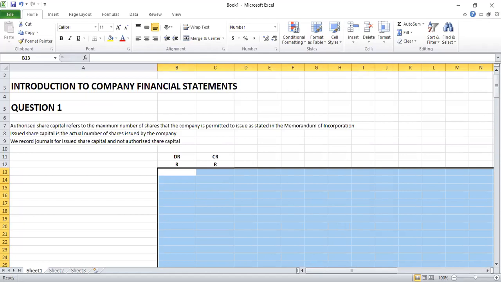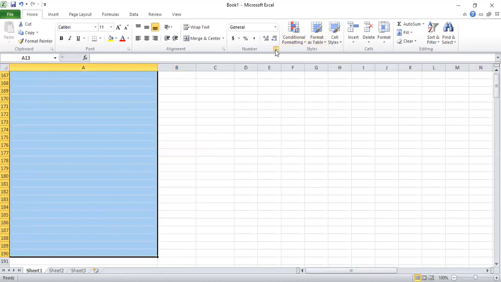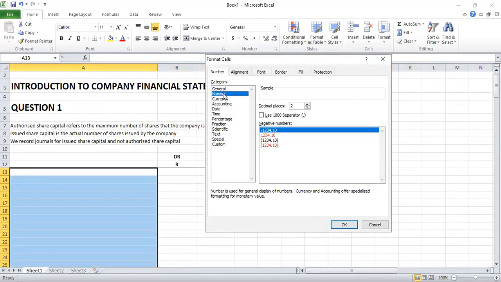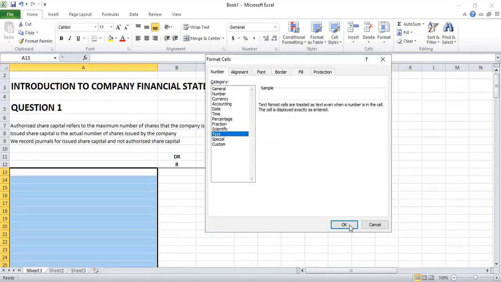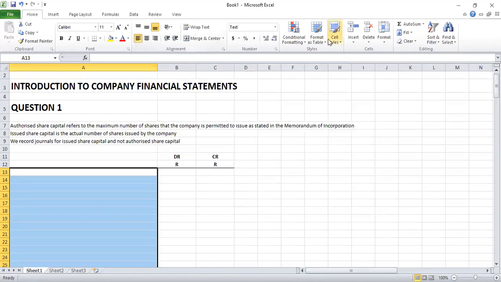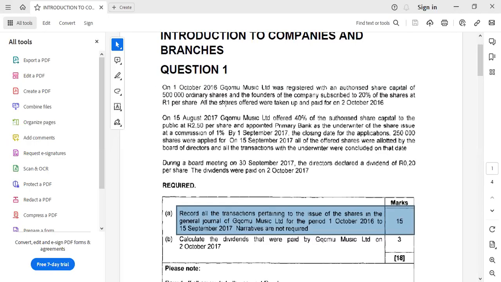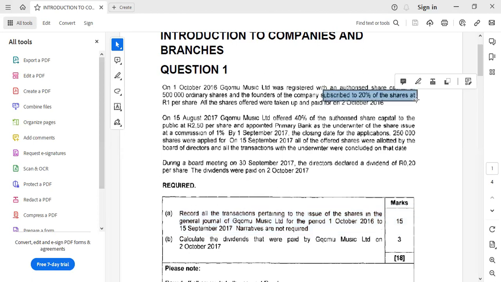Like in this case, I think we are told that on the first day there, let me just go back to the question. Right. On 1 October 2016, Home Music Limited was registered with an authorized share capital of 500,000 ordinary shares, and the founders of the company subscribed to 20% of these shares at R1 per share.